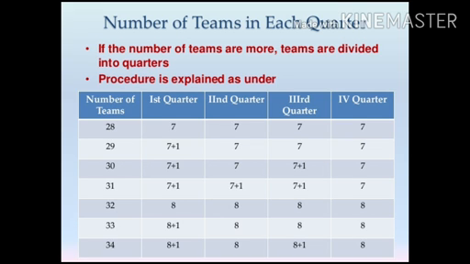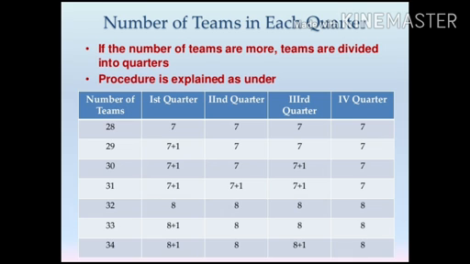If we divide the teams by 4 and the remainder is 0, that means all 4 quarters have the same number of teams, like 10, 10, 10, or 8, 8, 8, and so on. When the remainder is 1, which quarter has one more team?